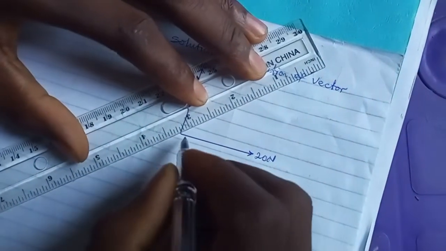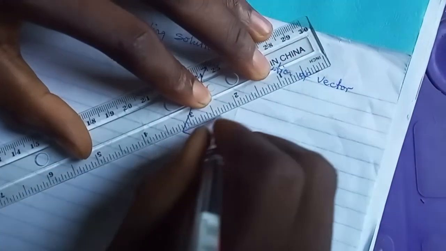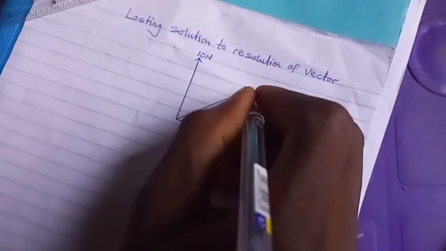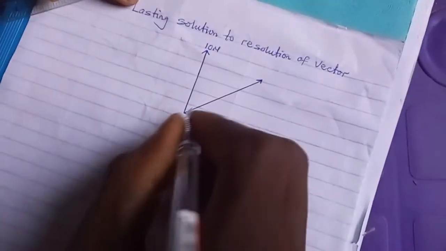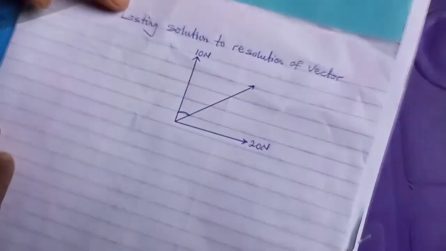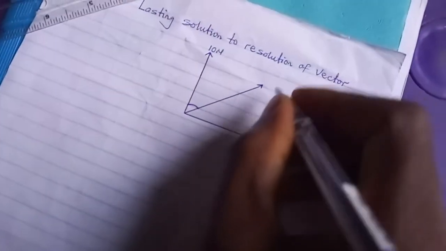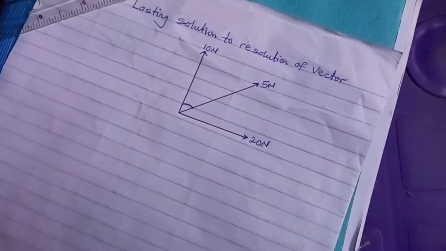Now we're having a force acting at an angle to the vertical, and the force is of 5 Newton.